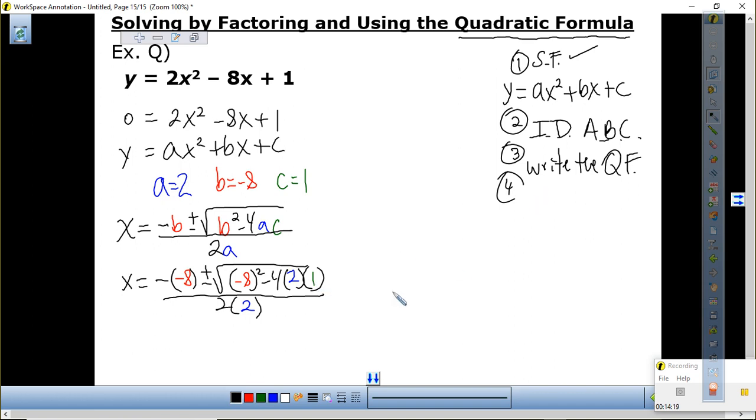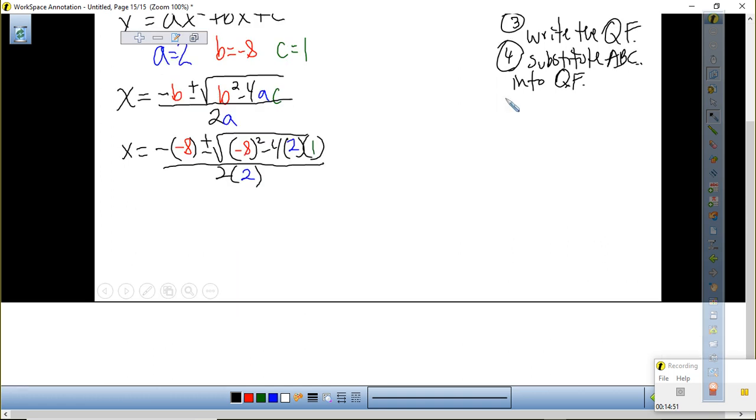Tell your neighbor, please. Stefania, what would I call step 4? Substitute A, B, C into the quadratic formula. Did we do that? Yes. Let me go to step 5.